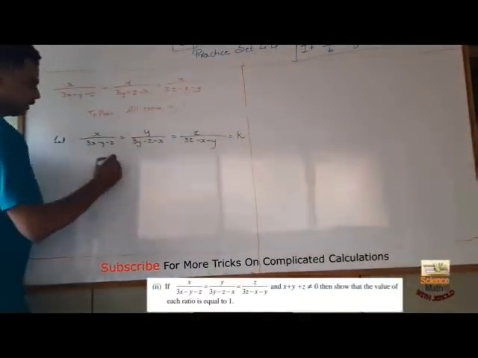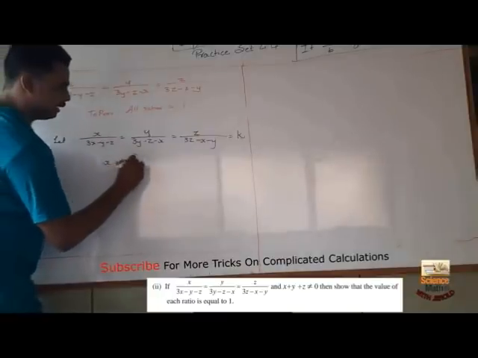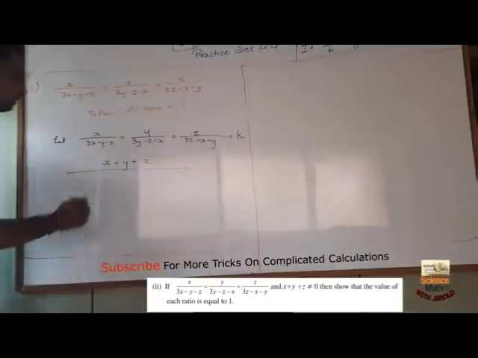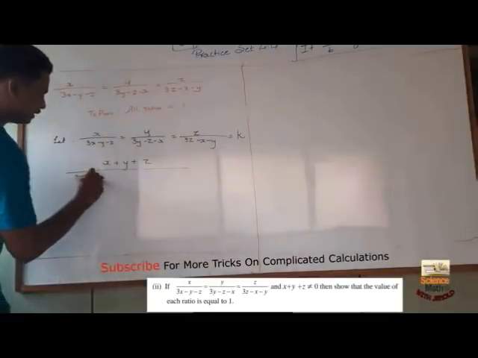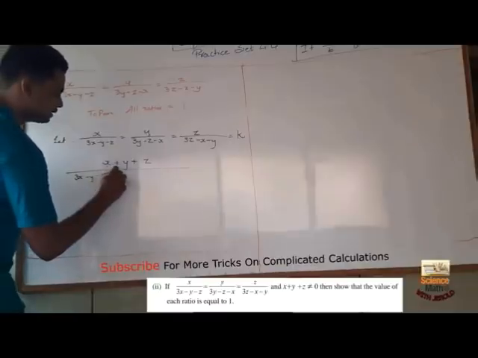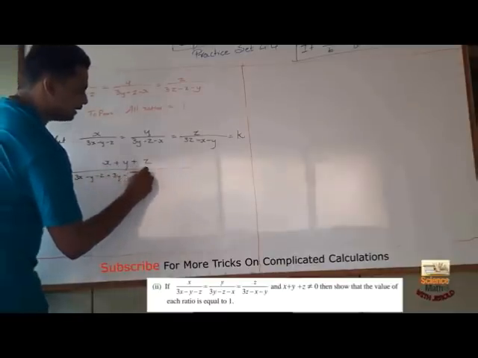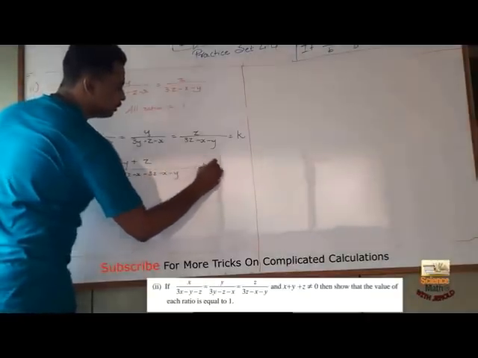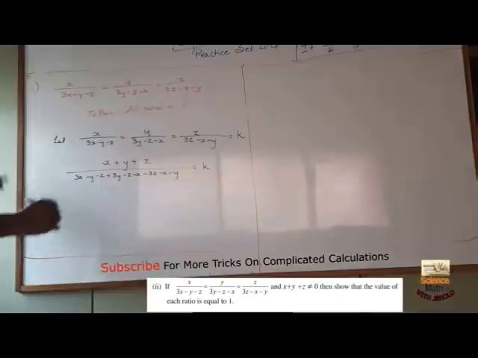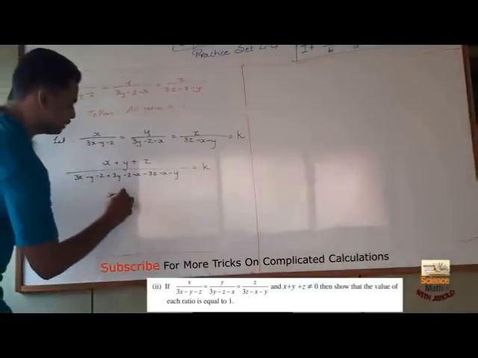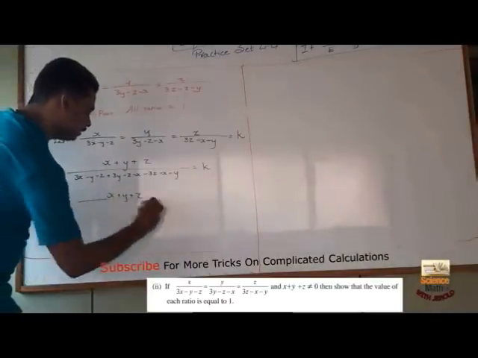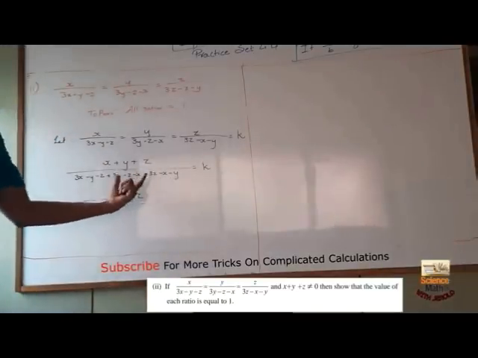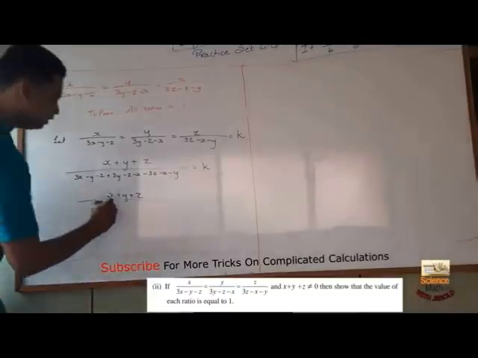Now adding all the ratios, I have x plus y plus z. I added all the numerators, which means I have to add all the denominators. So 3x minus y minus z plus 3y minus z minus x plus 3z minus x minus y is equal to k. So numerator remains as it is, x plus y plus z upon 3x minus x minus x, so 3x minus 2x will give me x.